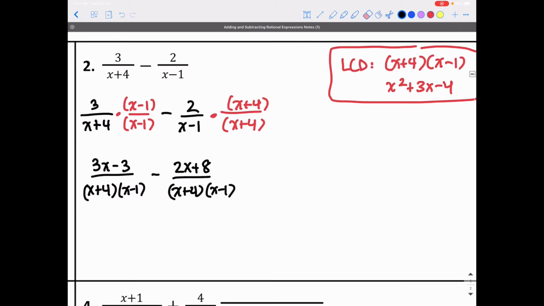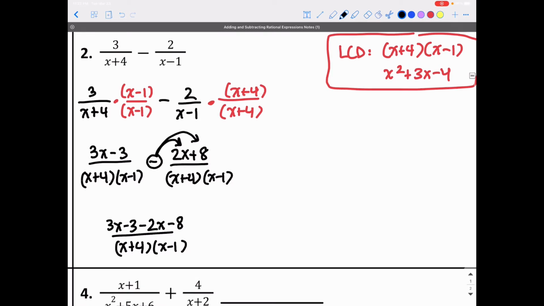I know the bottom of my fraction when I combine these is going to be x plus 4 times x minus 1. The top is going to be 3x minus 3. And then I'm subtracting 2x and I'm subtracting 8. So minus 2x minus 8. Make sure when you have subtraction, you distribute that negative.